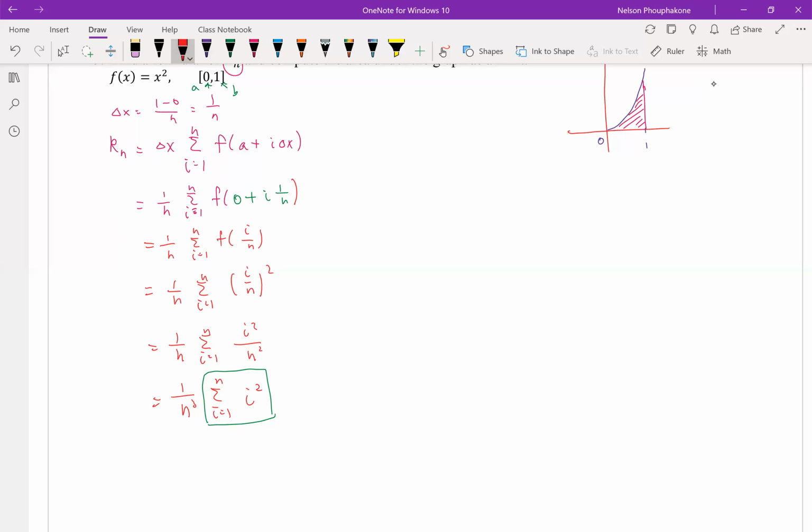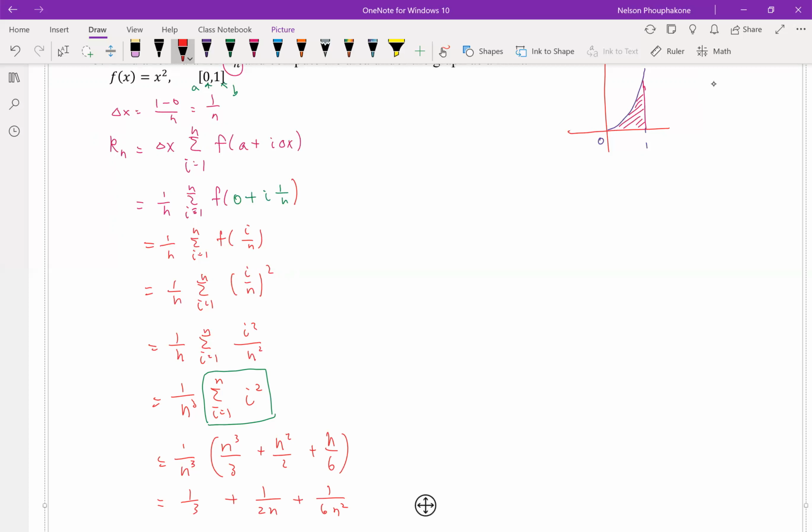Again, from the last handout, the last video, we know that the summation of i squared is n cubed over 3 plus n squared over 2 plus n over 6. Then if we simplify this, I have 1 over 3 plus 1 over 2n plus 1 over 6n squared.